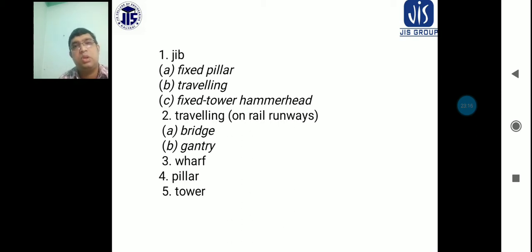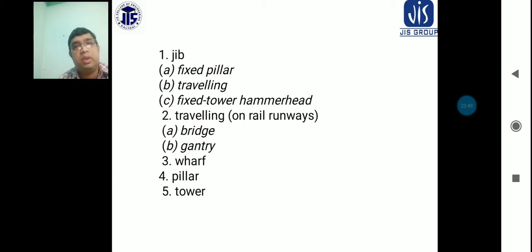Another is the traveling type. Suppose the pillar is not fixed, and it travels according to the requirement of the movement of materials. Then you have to consider the traveling type of crane, depending on which direction the materials must be transferred.